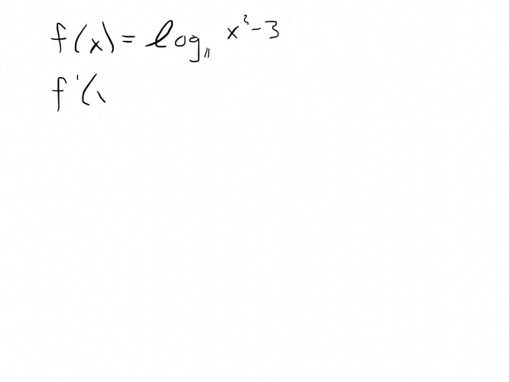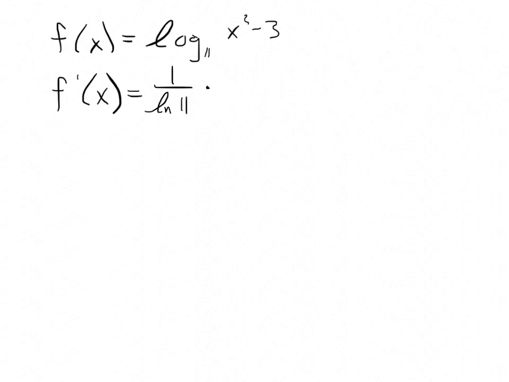So let's say that f of x is the log base 11 of x squared minus 3. Remember, this is a derivative, which means the chain rule and the product rule, all those things still apply. So for a problem like this, it's a log base 11, so I start with 1 over ln 11 times, and then I treat it like any other logarithm derivative.